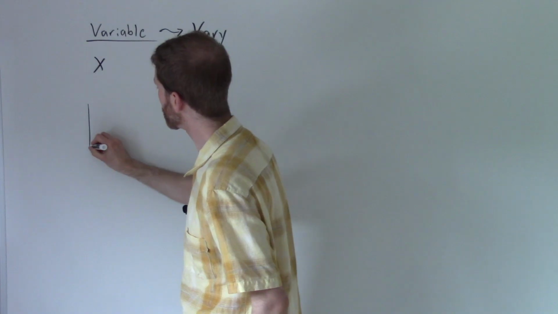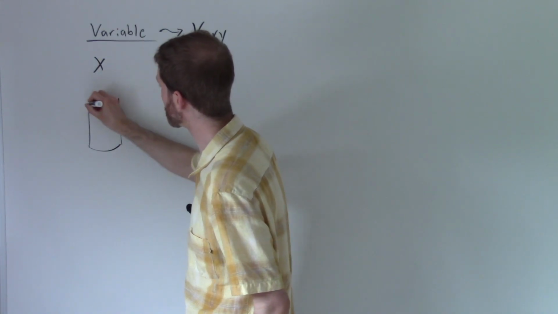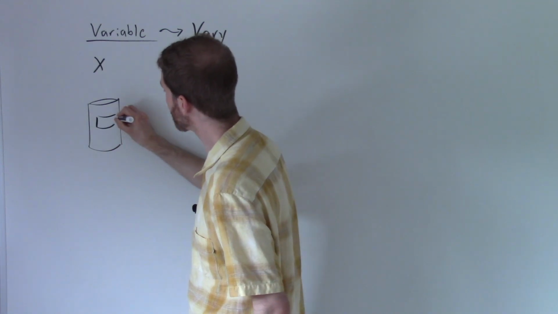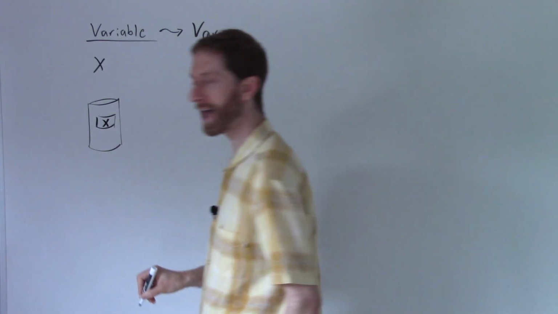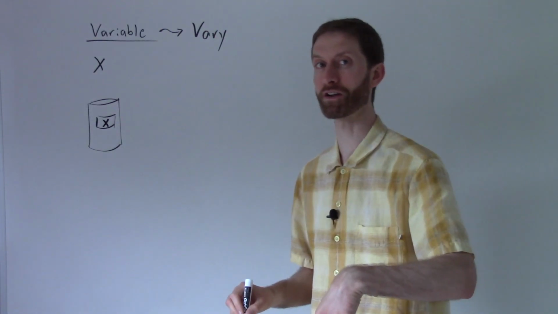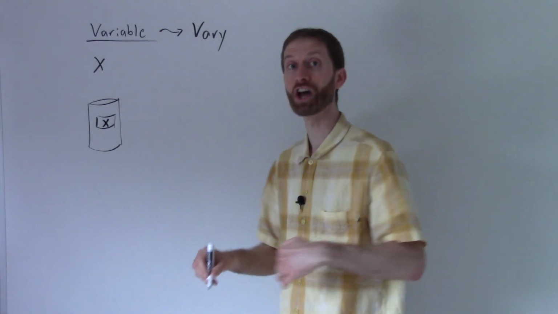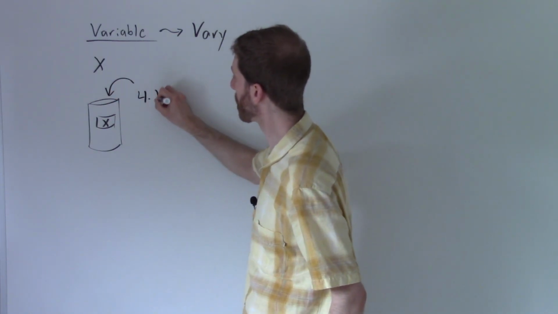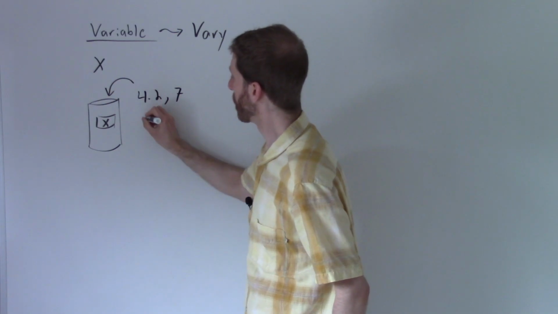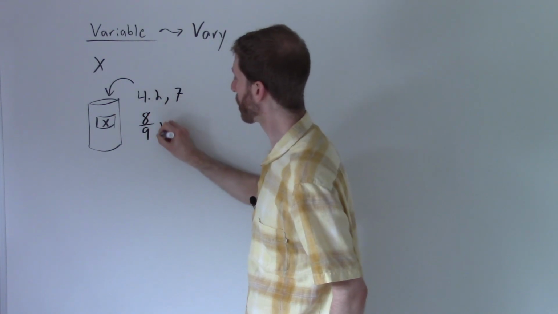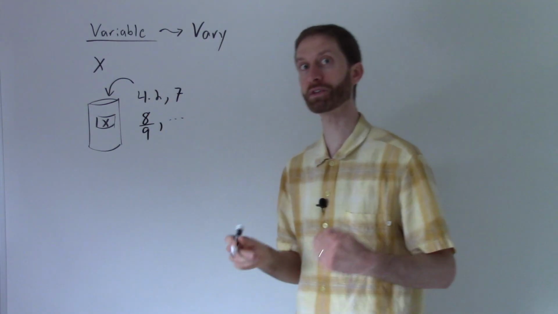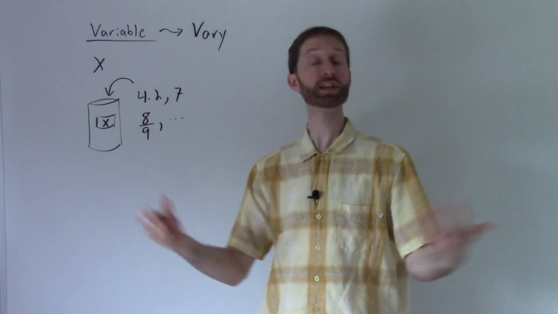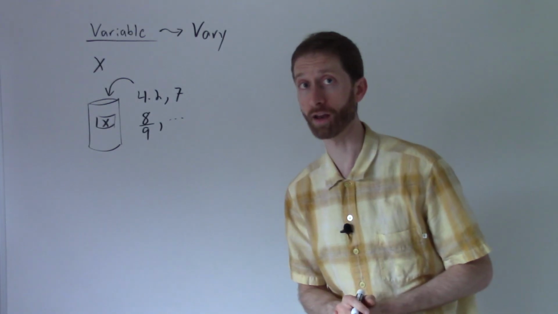So basically, in my head, this is what's going on. You've got some kind of can, and we put on that can this label, and we call it x. And into that variable, into that changing amount, we can put in different numbers. So I could put in 4.2 or 7 or 8/9, or any number of other types of numbers that x or h or z or t or any letter can take on.